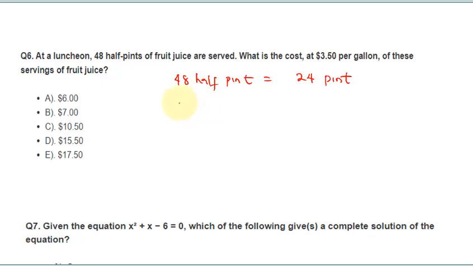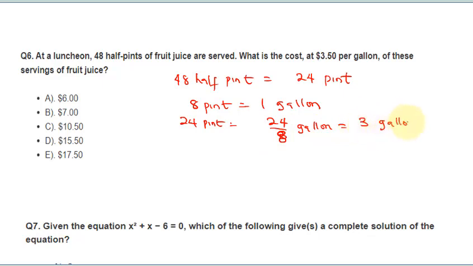Now, another thing you need to know is 8 pints is equal to what? 1 gallon. Having known this, you know that 24 pints is going to give us 24 divided by 8, and that's going to give us 3 gallons.